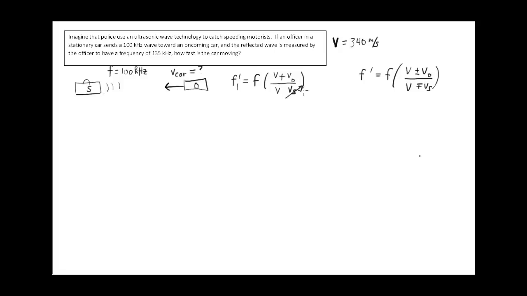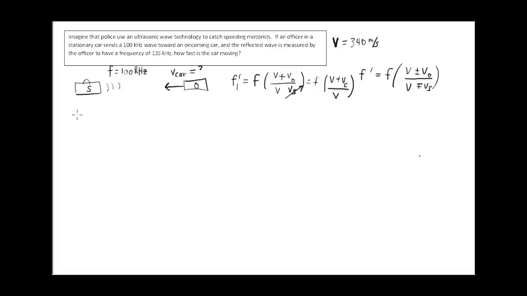So what we have with this then is f prime equals f times v plus v car, and I'll use v sub c to keep that simple, over v. That's our first equation. Sorry, let me get rid of those primes because this should just be the original f. Good. F prime 1 right here is equal to f, the original frequency of 100 kilohertz, times this multiplicative factor.